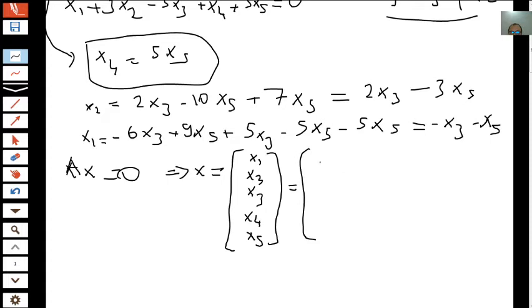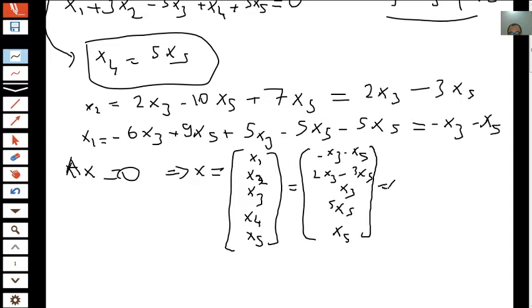So x1 is equal to minus x3 minus x5, x2 is equal to 2 x3 minus 3 x5, x3 is x3, x4 is 5 x5, x5 is x5.